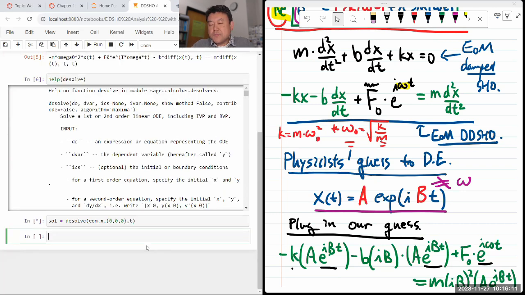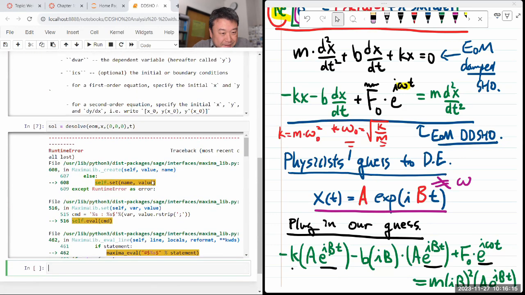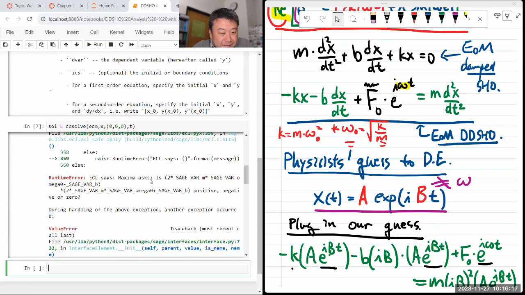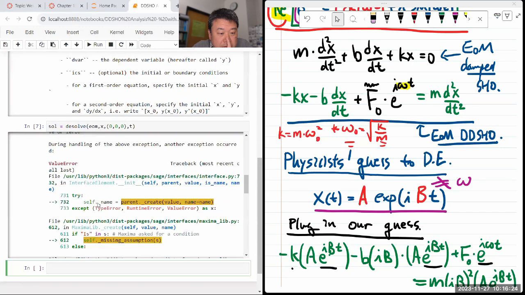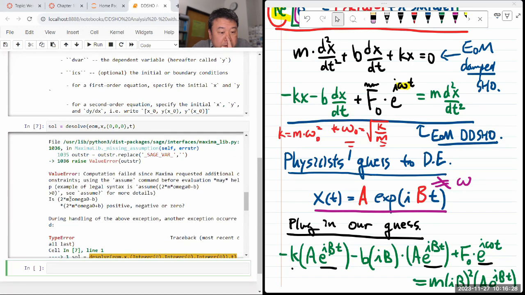So it should give me a complex solution, if it does give me a solution. Let's see, what is it? I think it wants me to tell it how some of the parameters work out, because the solution regime that you will be in will depend on the situation.